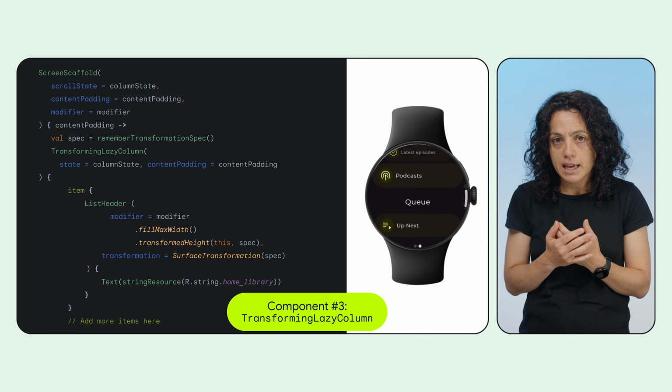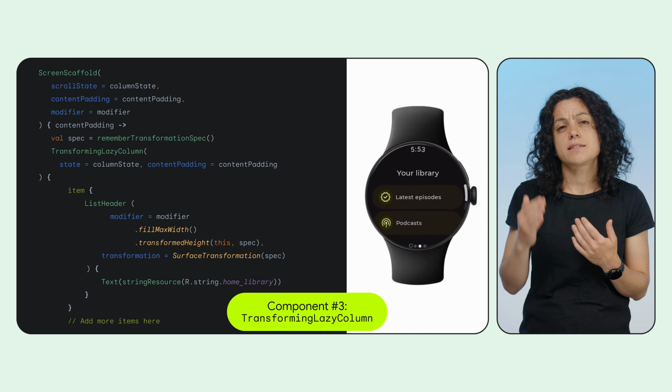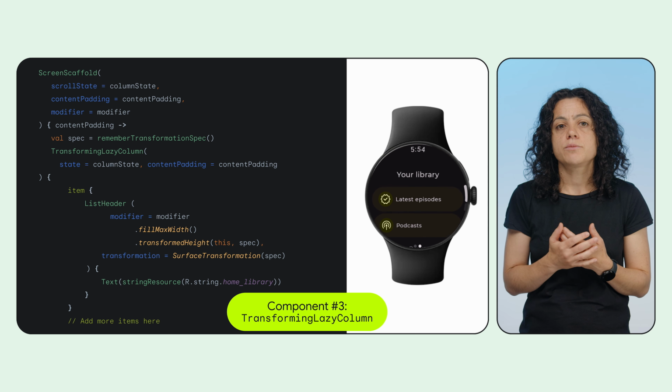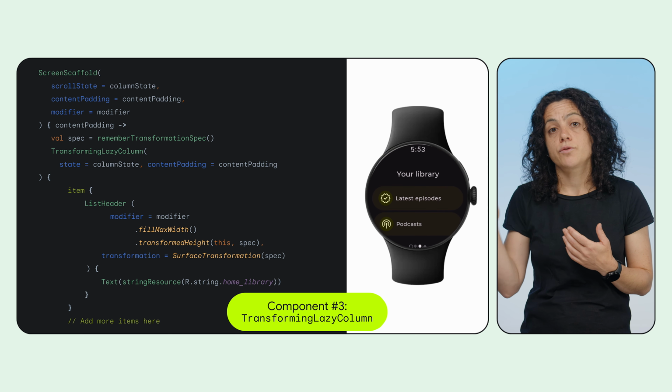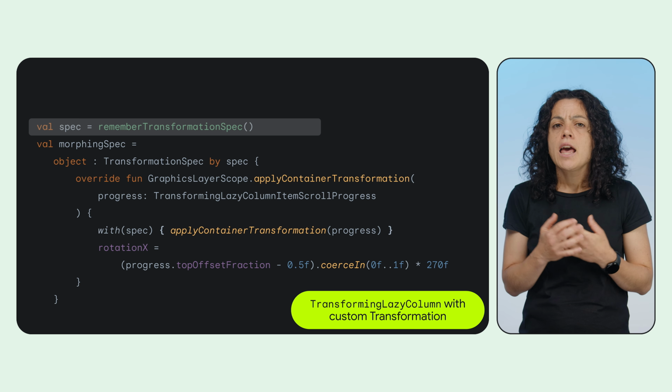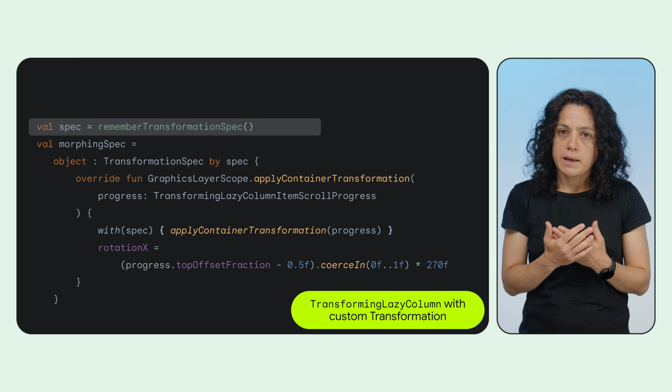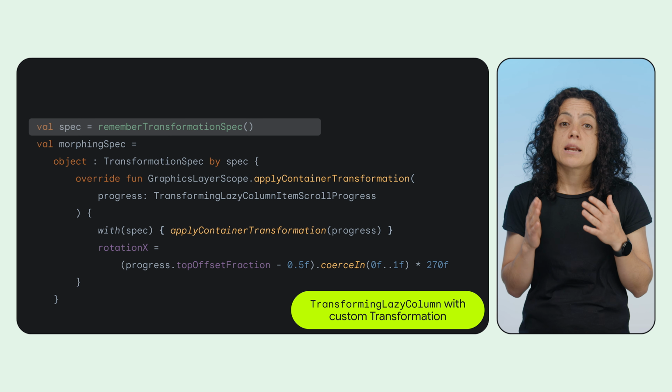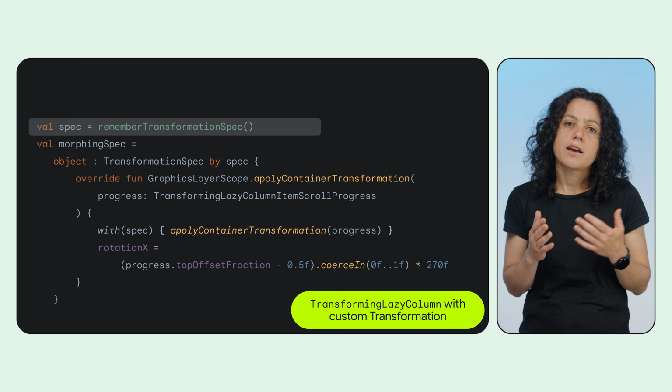If you feel more creative, you can take it a step further and create a custom transformation spec for a transforming lazy column. For customizing a transformation spec, first you create and remember a transformation spec as we did before. And then use Kotlin's delegation feature, creating a new object that implements the transformation spec interface.